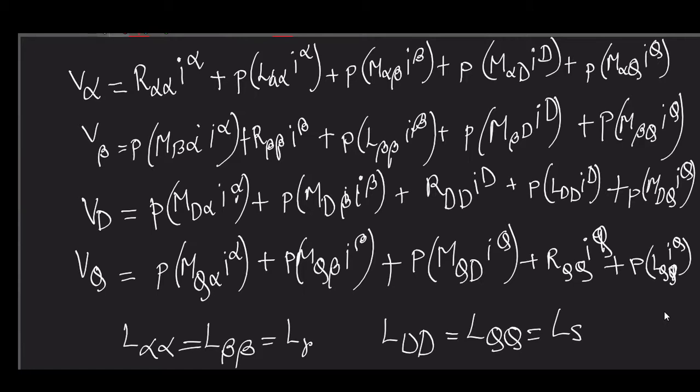Let me cross them out. Now the remaining mutual inductances we need to investigate are M alpha d, M alpha q, and therefore M beta d, M beta q.